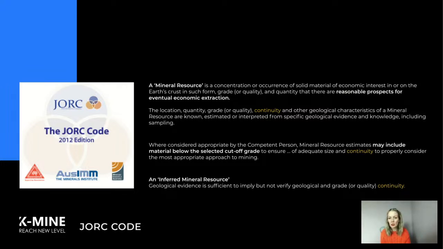Similarly, the definition of an indicated mineral resource emphasizes that there is sufficient evidence to assume geological and grade continuity between points of observation where data and samples have been gathered. This underscores the significance of continuity in assessing and classifying mineral resources according to the JORC Code.